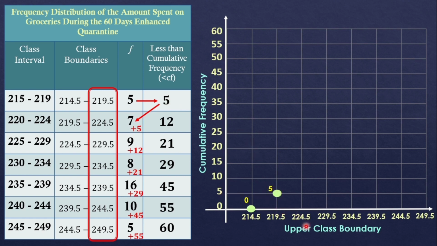So, for 224.5, that is 12. 229.5, we have 21. For 234.5, we have 29. For 239.5, that is 45. For 244.5, that is 55. And for 249.5, that is 60.